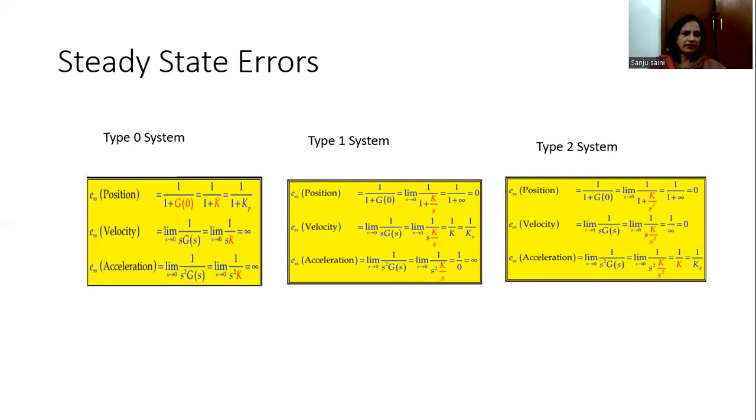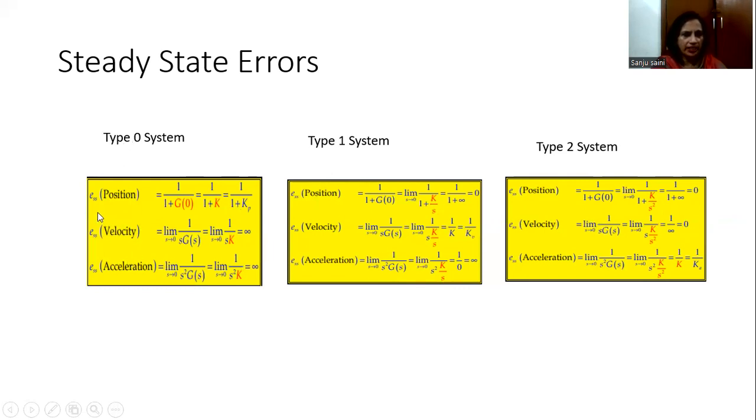So if we look at this table, we can see the steady state error for unit step, unit ramp, and unit parabolic input, these are the 3 cases here. First case, in type 0 system, error is this. Type 1 system, error is 0. Type 2 system, error is 0.